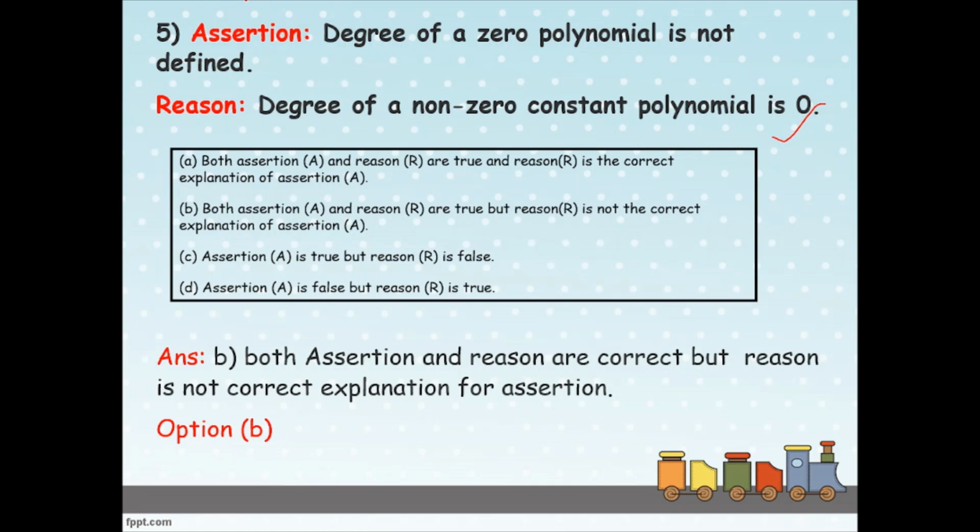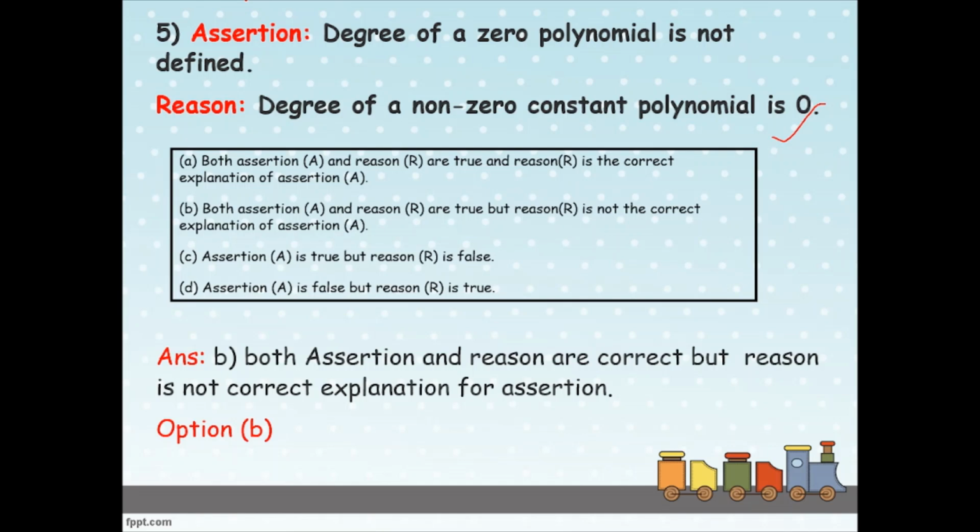X square is a polynomial, but the zero polynomial means the coefficient is 0. So when the coefficient is 0, it is multiplied and becomes 0. The power can be any number: 0x power 5, 0x power 4, 0x power 2, 0x power 1, 0x power 0.